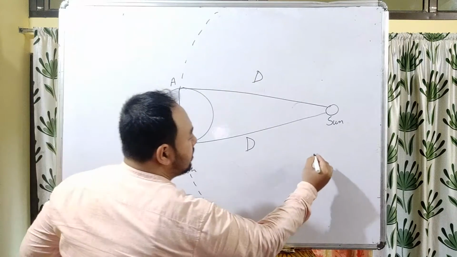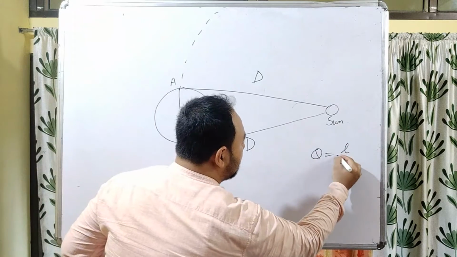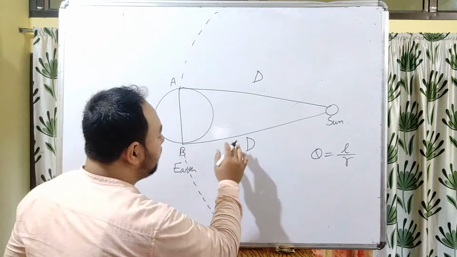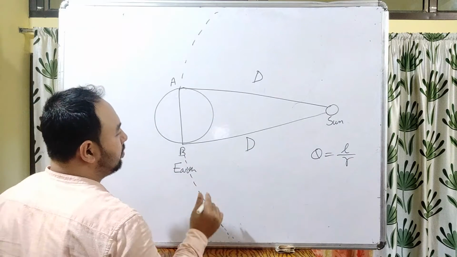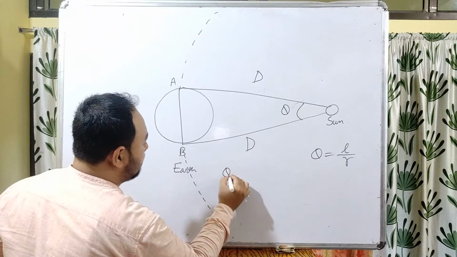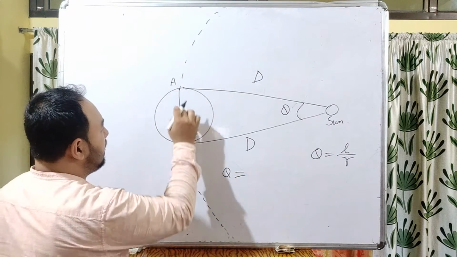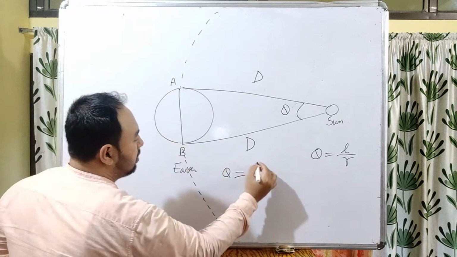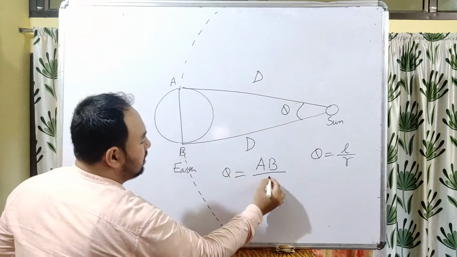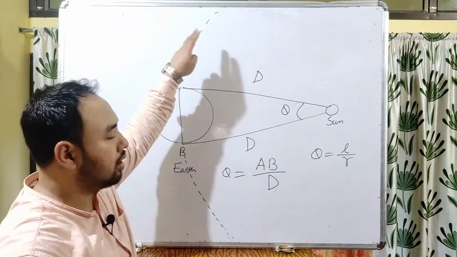As we have seen earlier, theta is equal to length of the arc upon radius. Now if we put this formula over here, then this angular displacement theta will be equal to the length of the arc AB, consider this length as AB, upon D, which is the radius of this circular orbit.